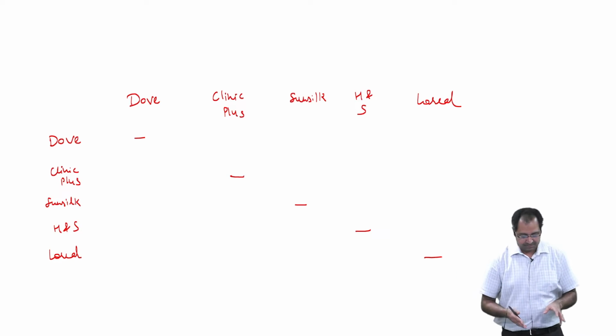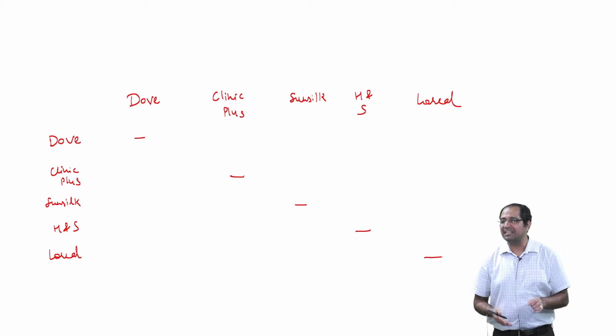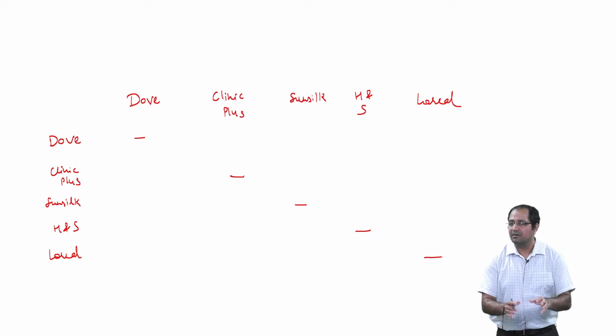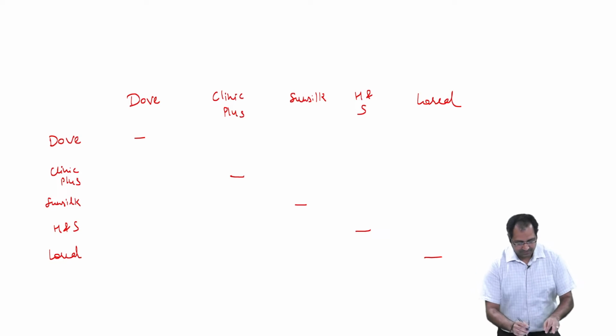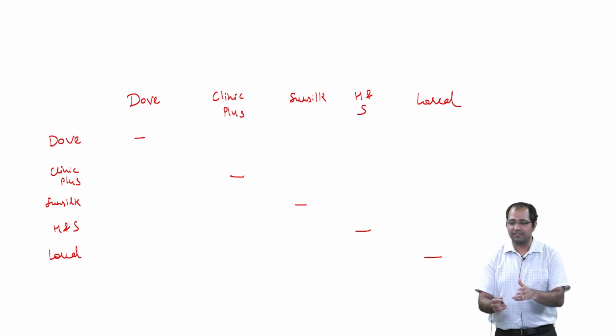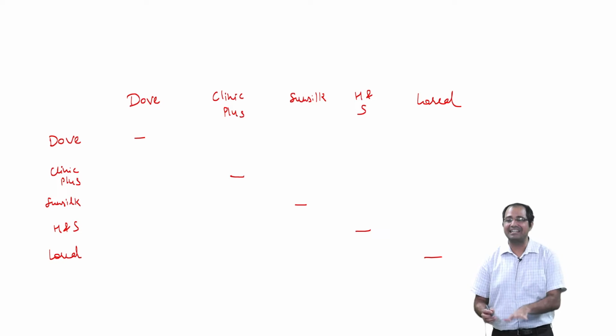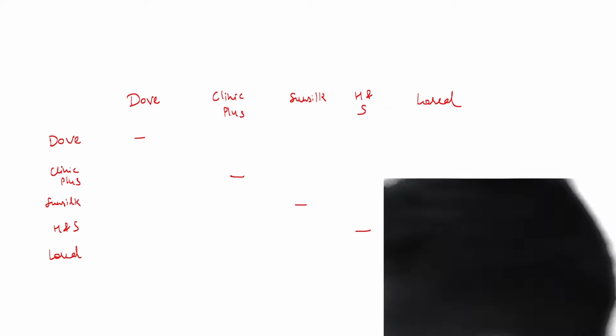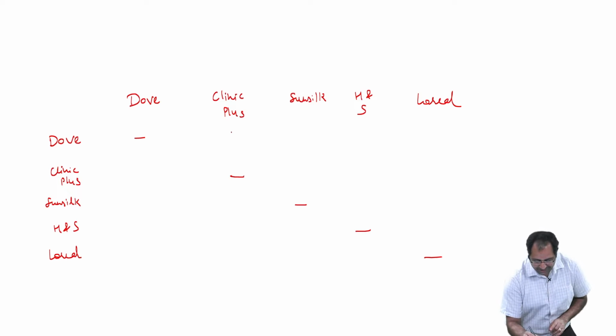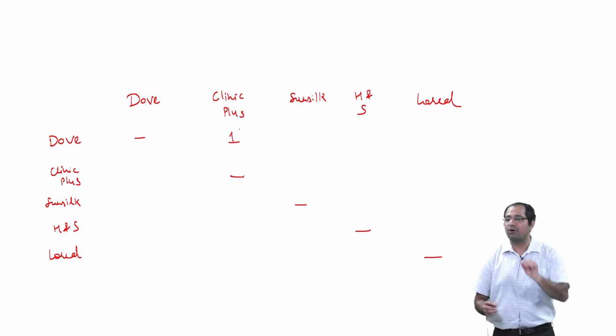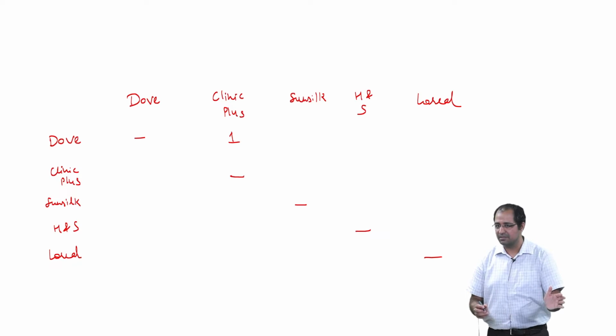You ask the respondents in pairs. If given a choice between Dove and Clinic Plus, what would you prefer? Clinic Plus. We give a score of 1 if the column is preferred over the row.